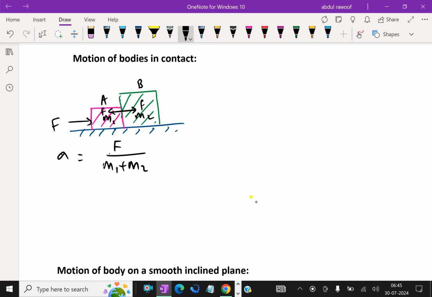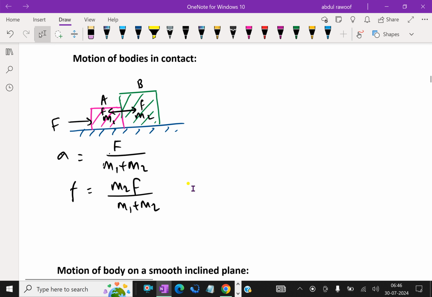The contact force is M2 F over M1 plus M2, or M1 F over M1 plus M2, which I can also find for the force by one body on the other.